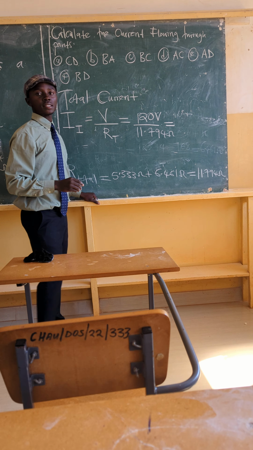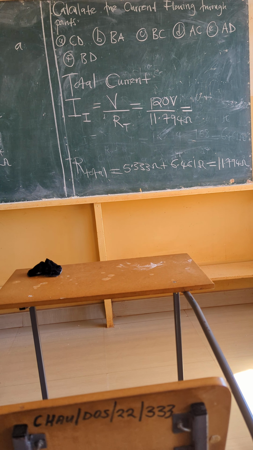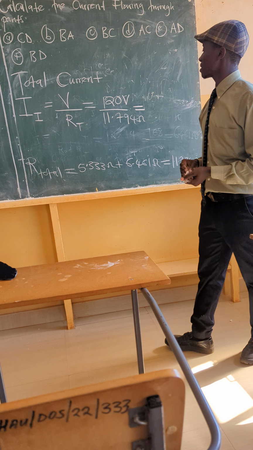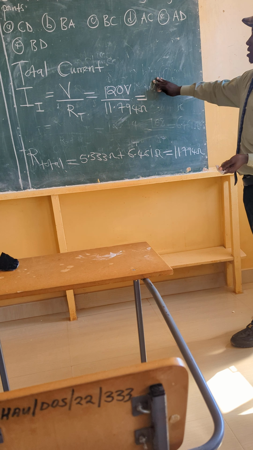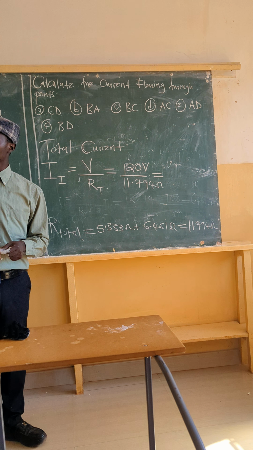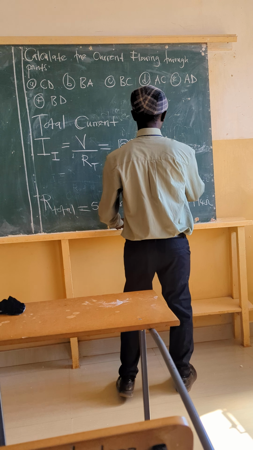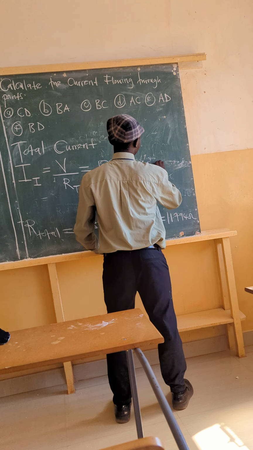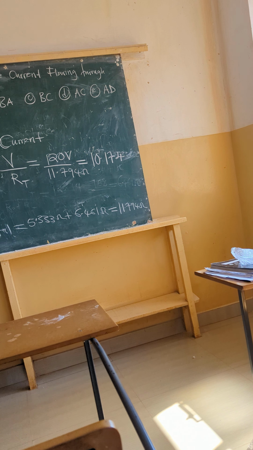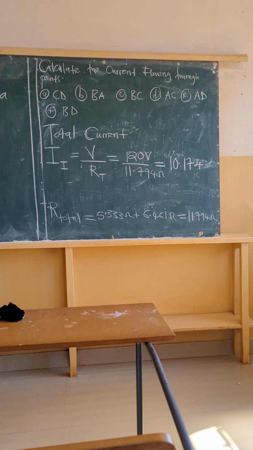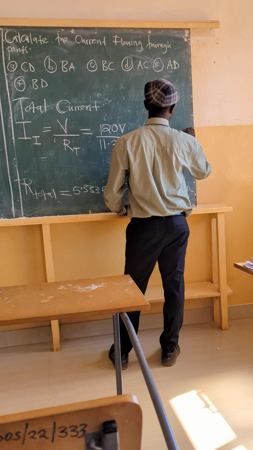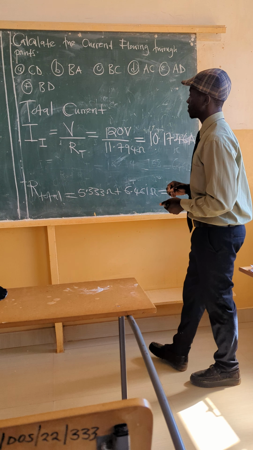What are we getting, ladies and gentlemen, when we divide 120 by 11.794 ohms? We are getting 10.174 amps. We are finding the current, so the unit for current is amps.